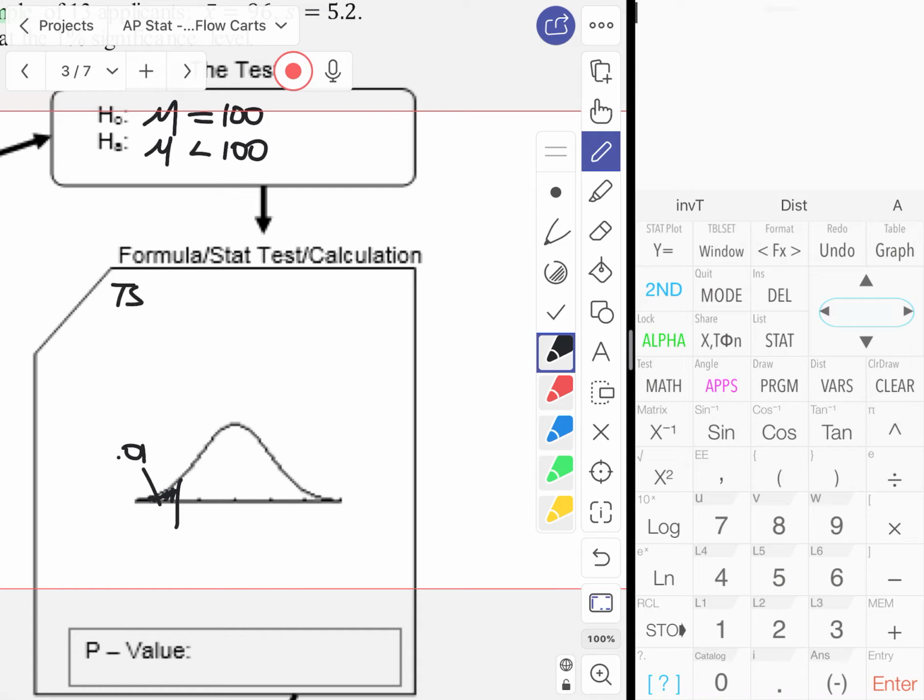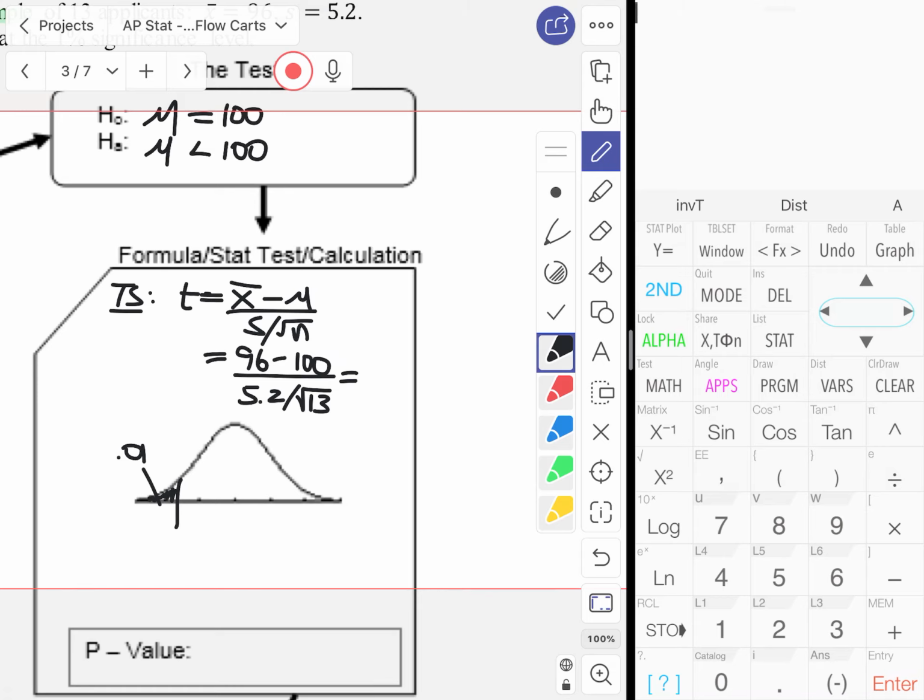The test statistic is based off the formula t equals x bar minus mu over s over the square root of n. All right. They told us that the x bar was 96. We know mu is 100. s was, I believe, it says right there, 5.2. And n was 13. All right.